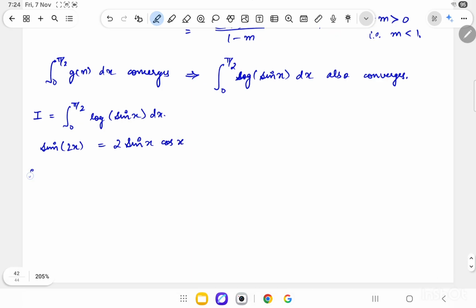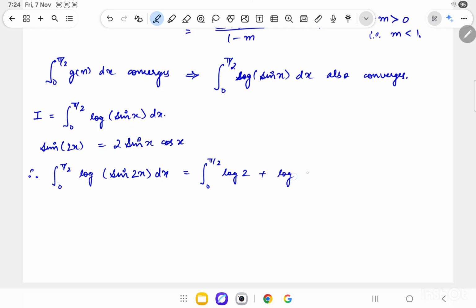Now if we evaluate integration from 0 to pi by 2 log of sin 2x, that will basically give me integration from 0 to pi by 2 of log 2 plus log sin x plus log cos x dx. Because we have used the result that log of ab is equal to log a plus log b.